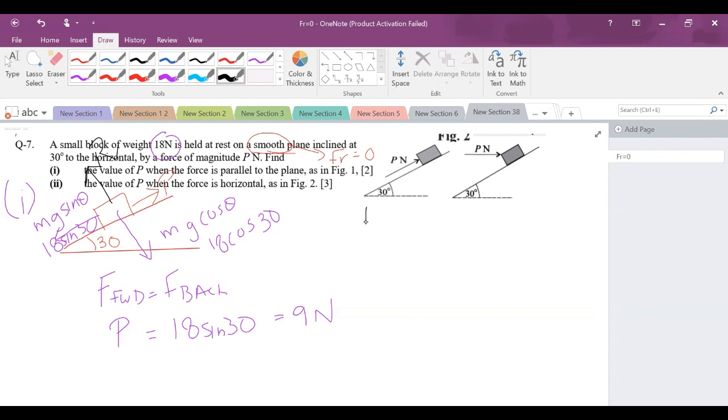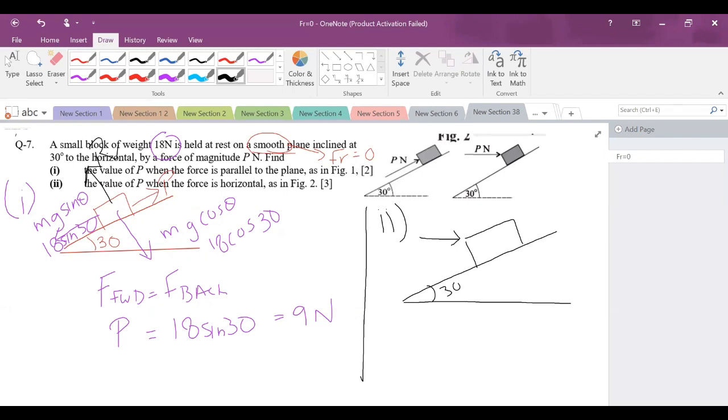Part 2. Now the force P Newton is not acting parallel to the slope. It's acting horizontally. So you will have to resolve the components of P as well, along with weight. Okay, I'm going to resolve P first. P is in this direction.